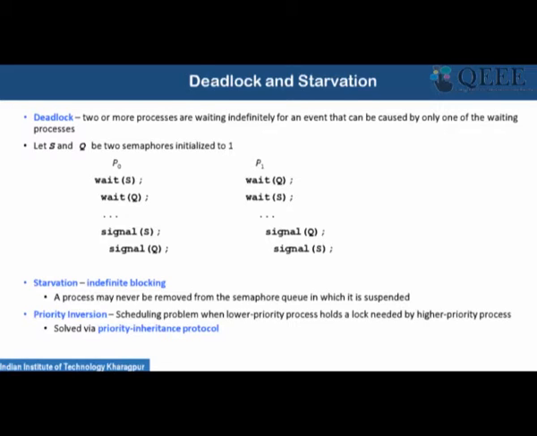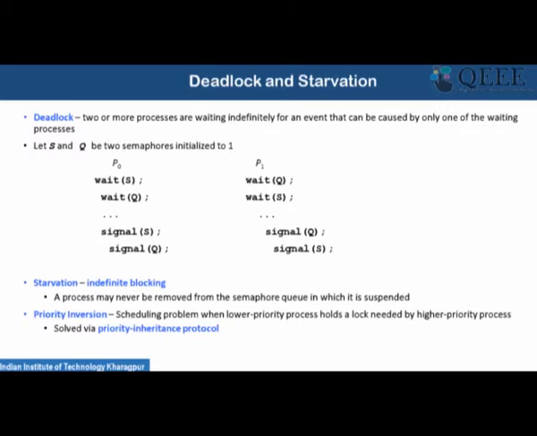Now if you execute P0 and P1, what may happen? Say P0 first executes wait S. Once P0 executes wait S, the value of semaphore S becomes 0. Then say P1 executes wait Q. Once it executes wait Q, the value of semaphore Q becomes 0.